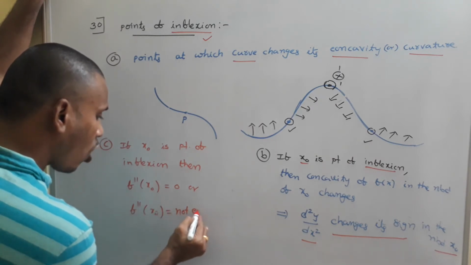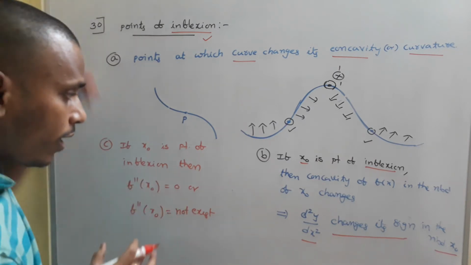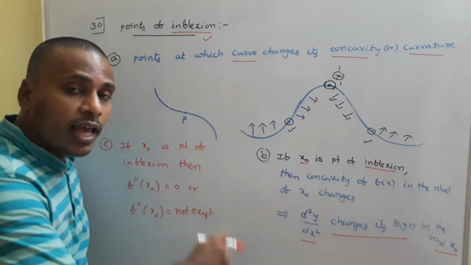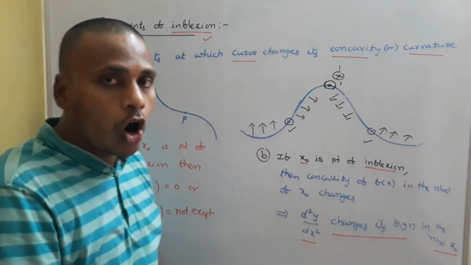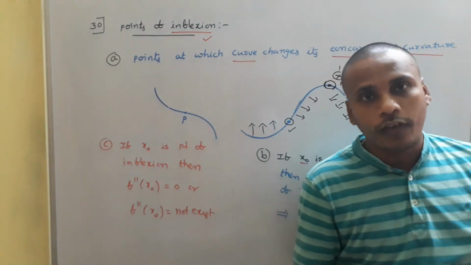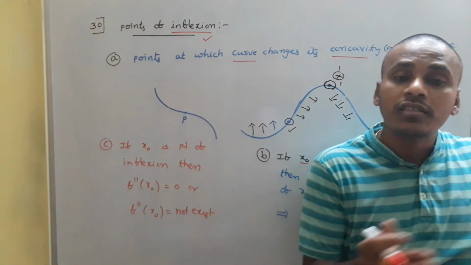Either 0 or not exist. What I am going to tell you is, if x naught is a point of inflection, exactly at that x naught the second derivative is either 0 or does not exist, and in the neighborhood of x naught, if you check the second derivative, it changes its sign.